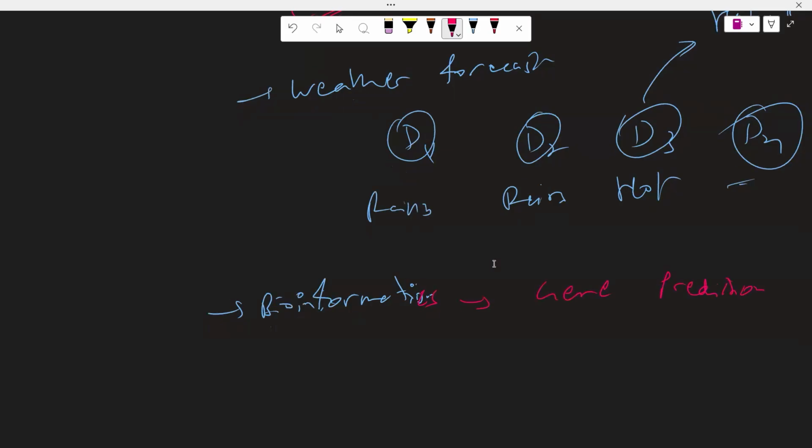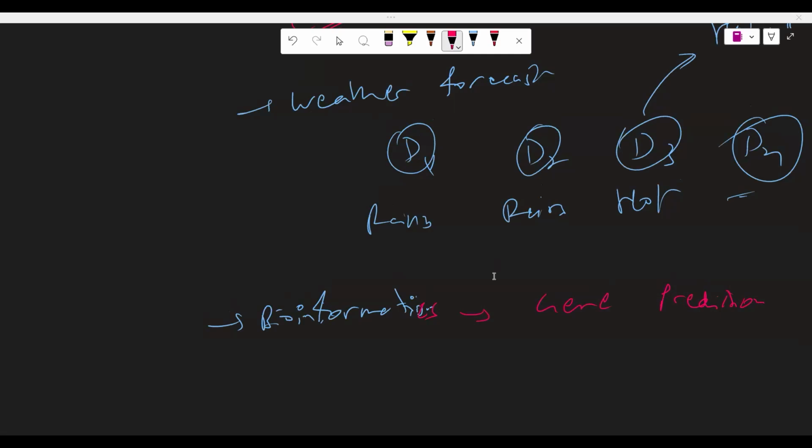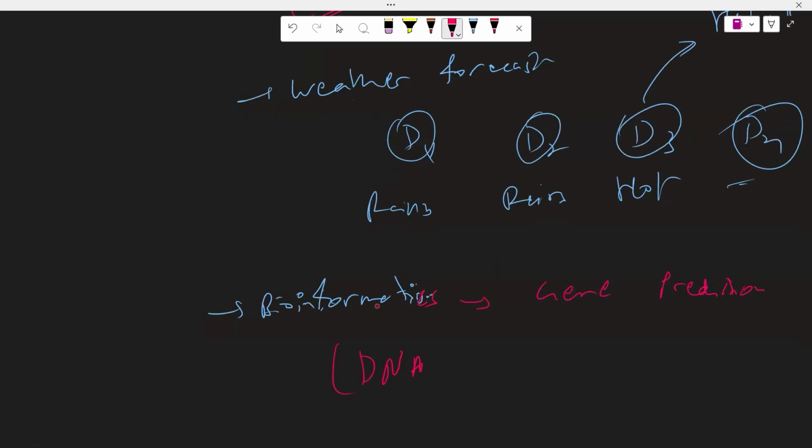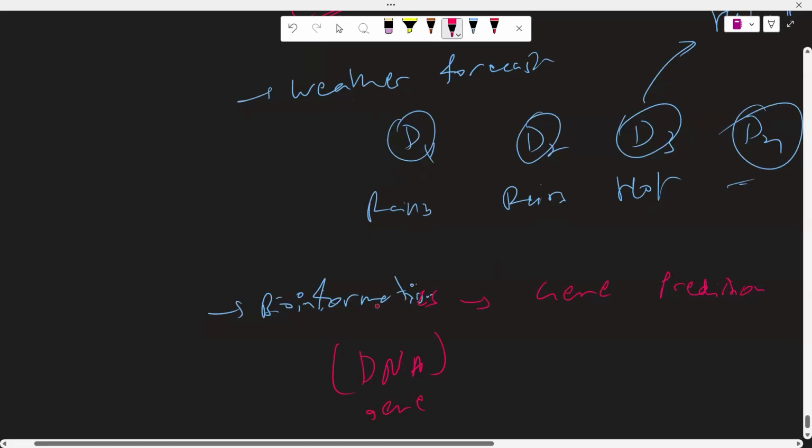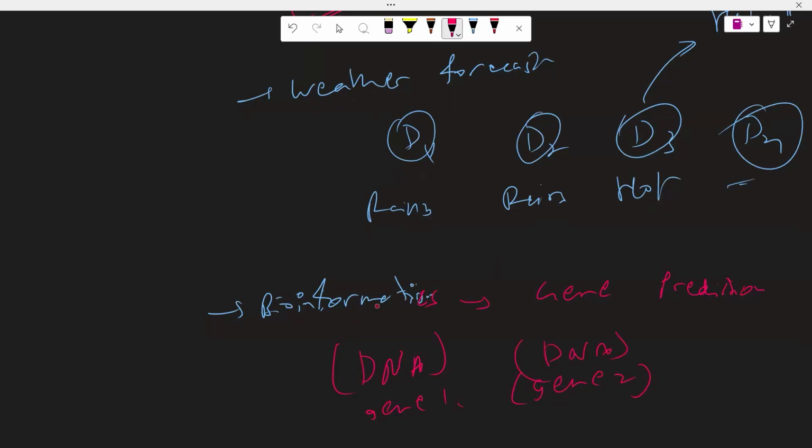Because every information is stored in form of DNA, which will encode the genes. It has the gene information present. So let's say you have gene one, you have gene two, based on different DNAs that you are storing.